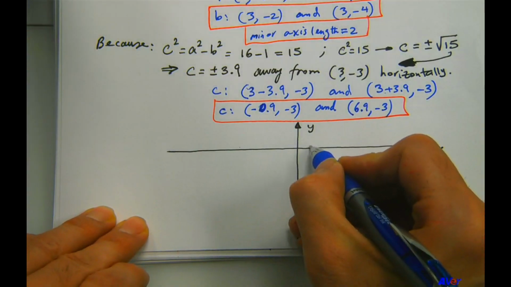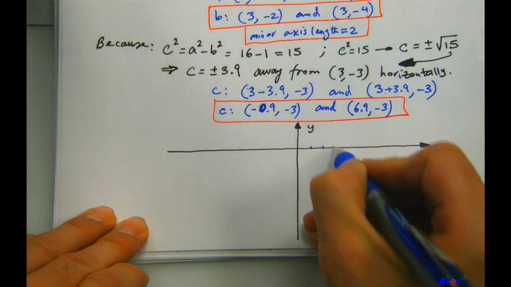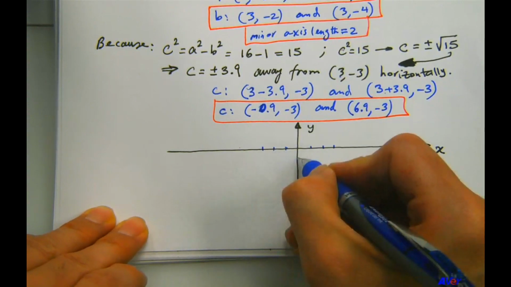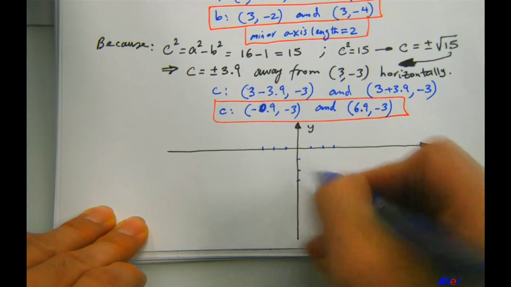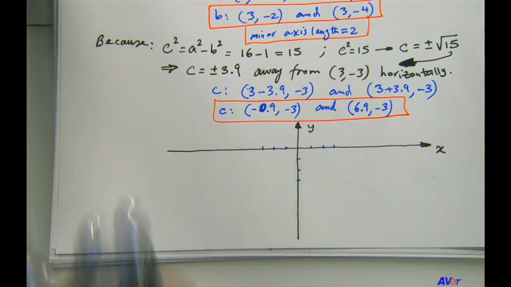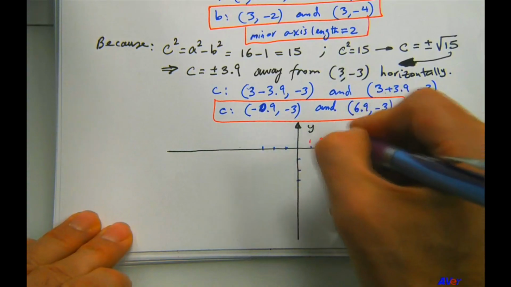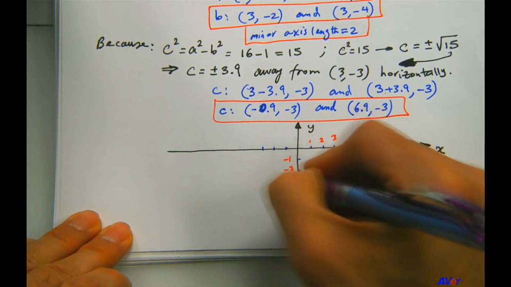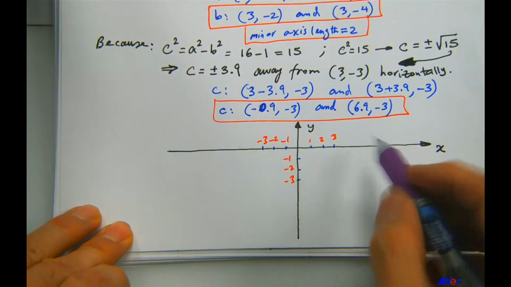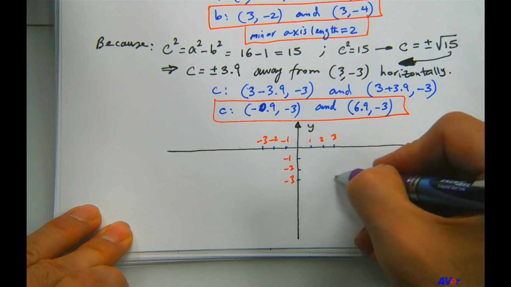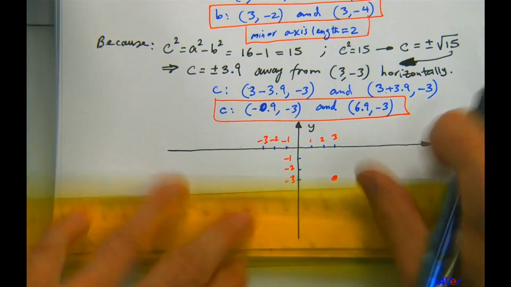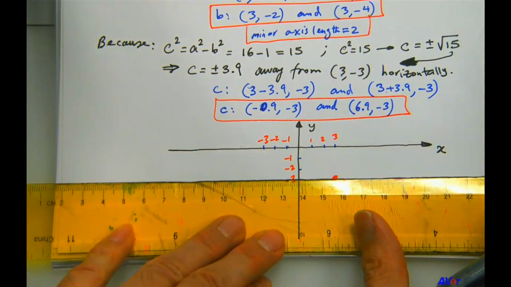So 1, 2, 3, 1, 2, 3, 1, 2, 3. So 3 comma negative 3 would be here. Let's increment this 1, 2, 3. So the center at 3 comma negative 3, that would be here. So the major axis has to go through that center.